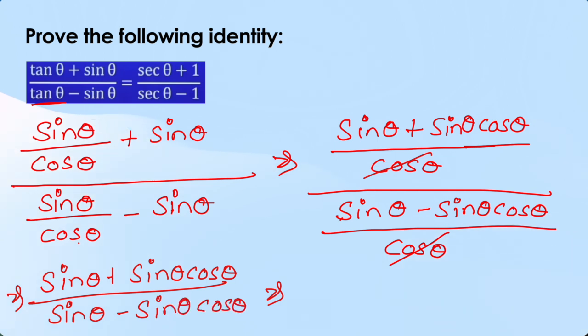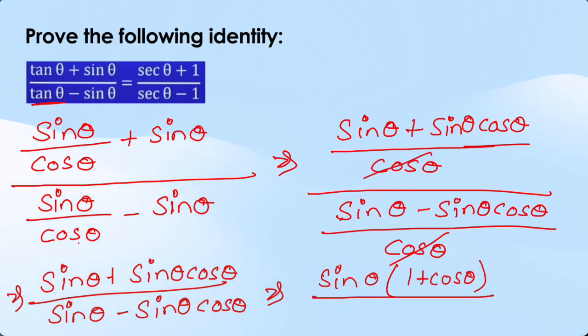All right. If I take out sine theta common, I will be left with 1 plus cos theta. Again sine theta common from this, so this sine theta will get removed, and it will be 1 minus cos theta.